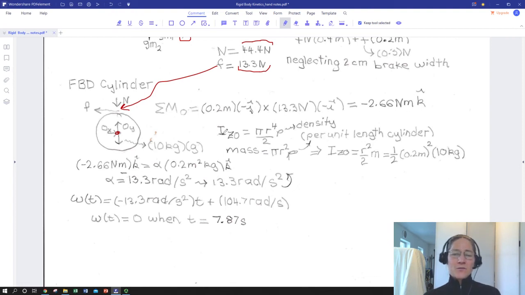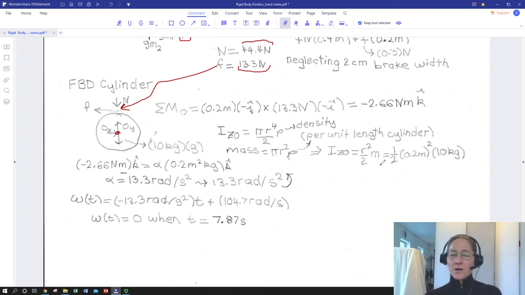We looked up the moment of inertia about its center point of a cylinder, and again, if we use mass per unit length, and we use a mass of pi r squared delta, that's per unit length of the cylinder, we end up with r squared m over 2, which when we put in our r is 0.2 meters and times 10 kilograms of cylinder mass.